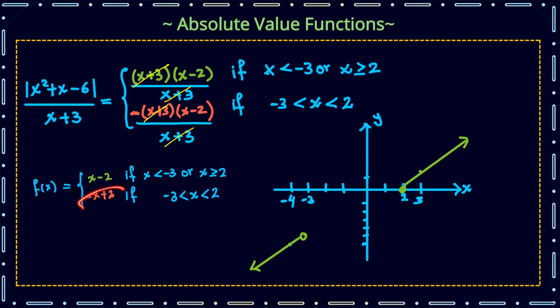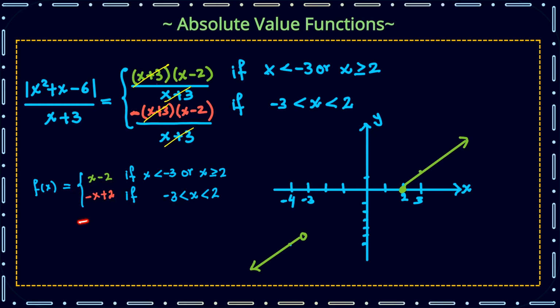For the second piece, which is negative x plus 2, we're going to choose points that are in this interval. We always begin by choosing the boundary points because we need to know where the line starts. I'm going to begin by plugging negative 3 into our piece.